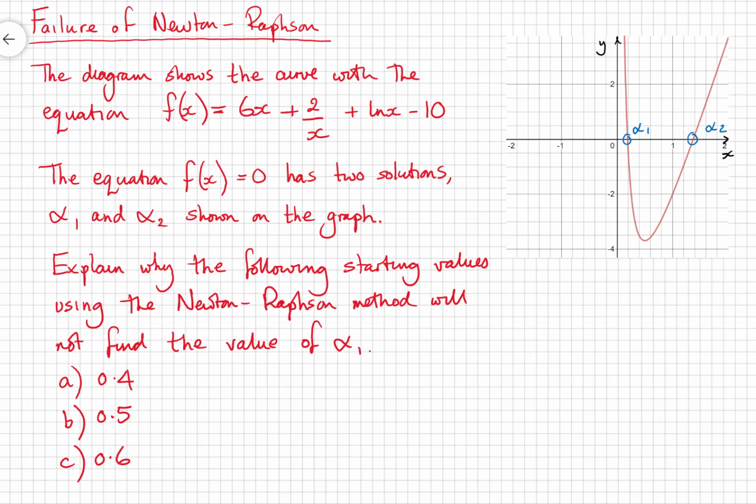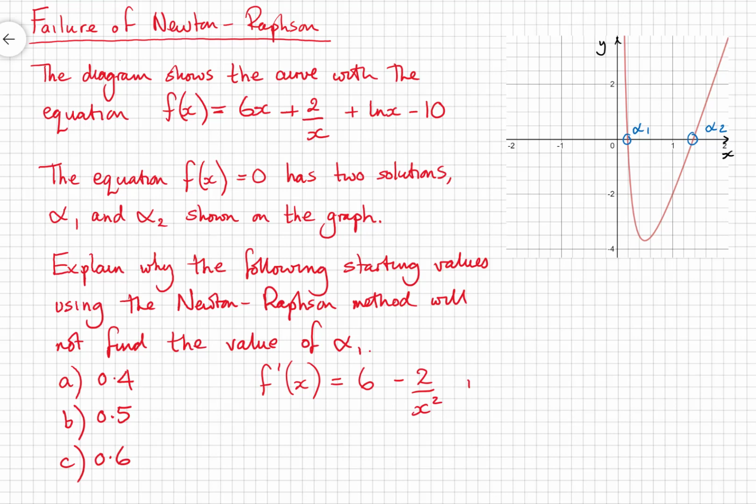So we'll begin by differentiating f of x so that we can determine what f dashed of x will be for use with our values 0.4, 0.5 and 0.6. So f dashed of x will be 6, the derivative of 6x, minus 2 over x squared, the derivative of 2x to the minus 1.